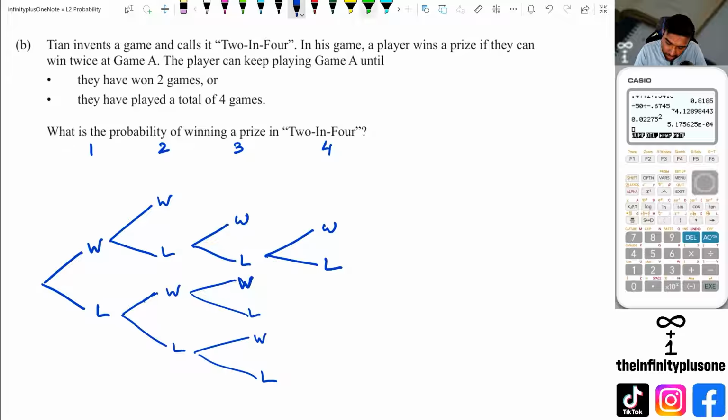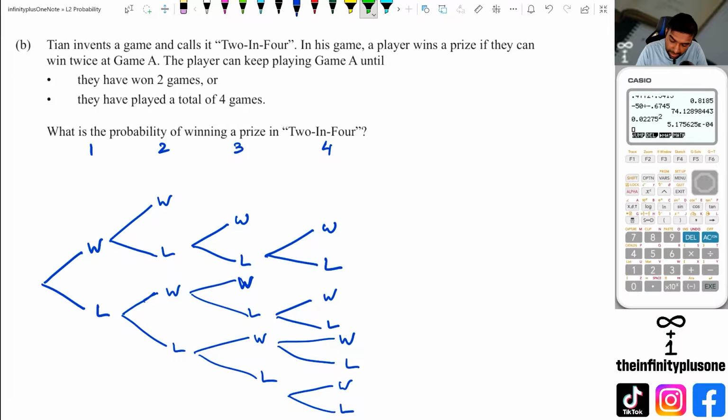And this one is already also completed because that's loss, win, win. We don't need to worry about that. So loss, win, loss, W and L, W and L, and then the three losses, we don't really need to worry about that one because that's going to be a loss anyway. So we don't need to worry about the win loss, but I'm going to put that in there anyway.